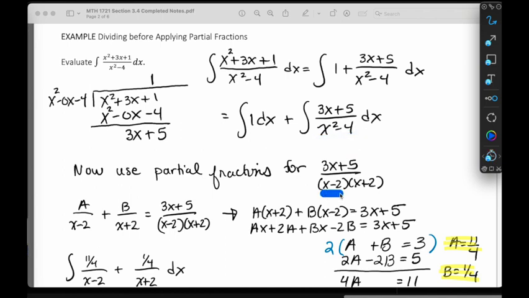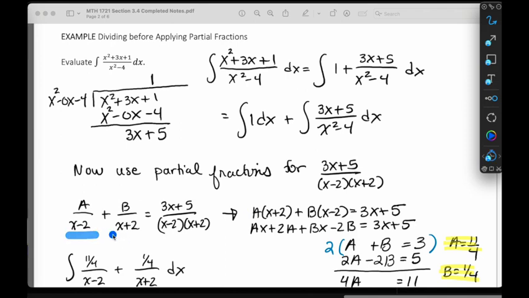So when I factor that, I get x minus 2 and x plus 2. Now, as you can see, I have two linear factors and they don't repeat. And it's important to point out that they don't repeat because if they did repeat, there's a different procedure for that.